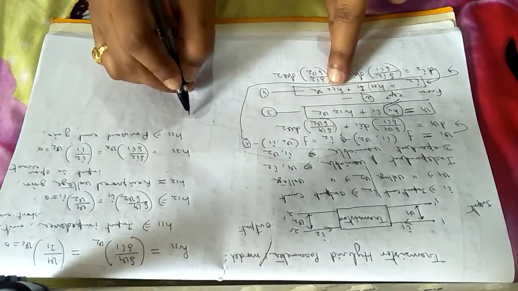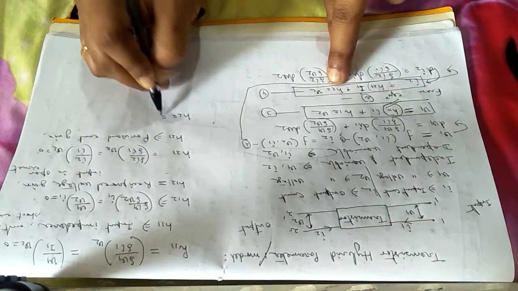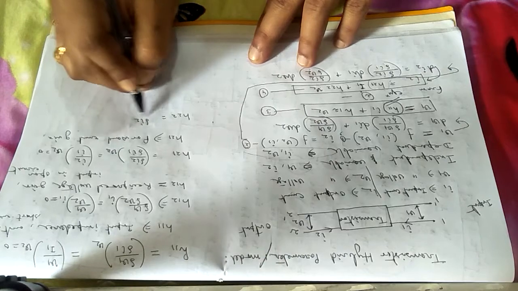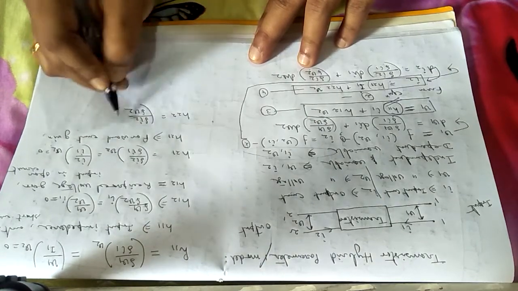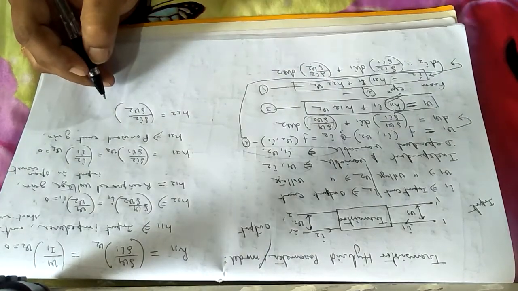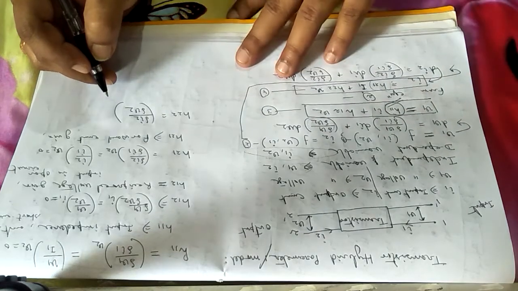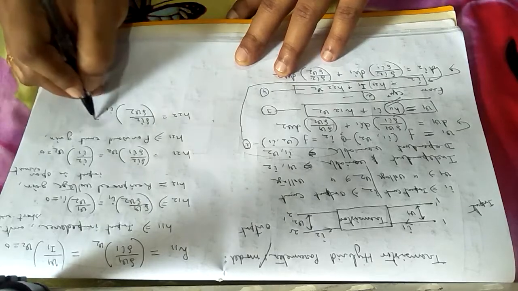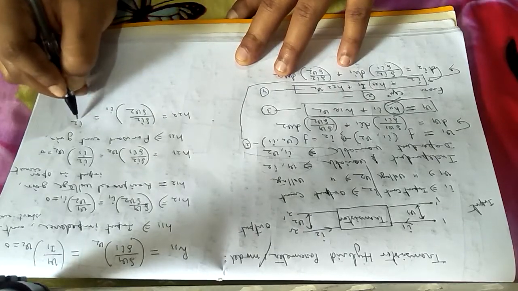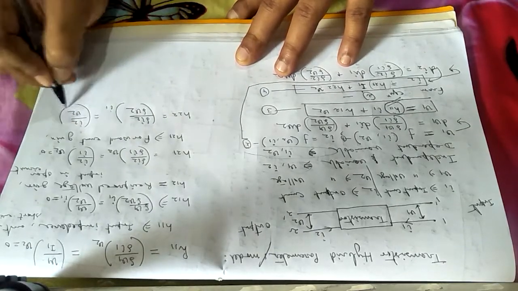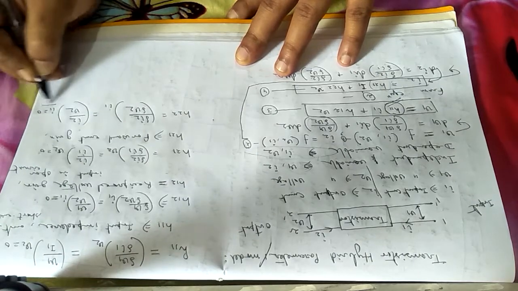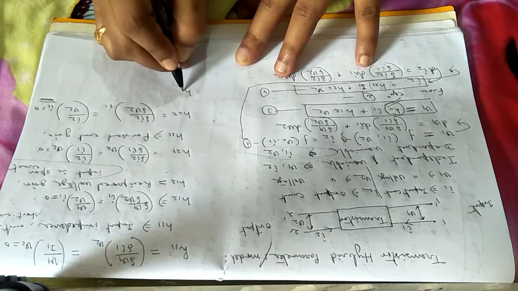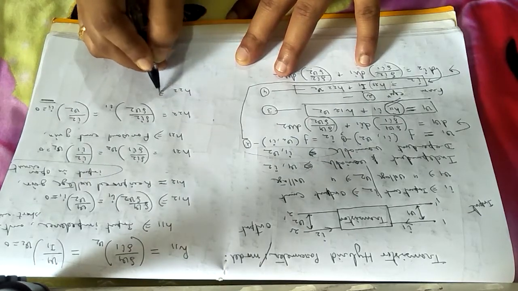Now I am targeting the fourth one, H22. H22 stands for what? Del I2 by del V2, when the other parameter is constant. Which one is the other parameter? The other parameter is I1. So I can express it as I2 divided by V2 when I1 equals 0. I1 equals 0 means what? Input is open circuit. So I can express H22 as what?